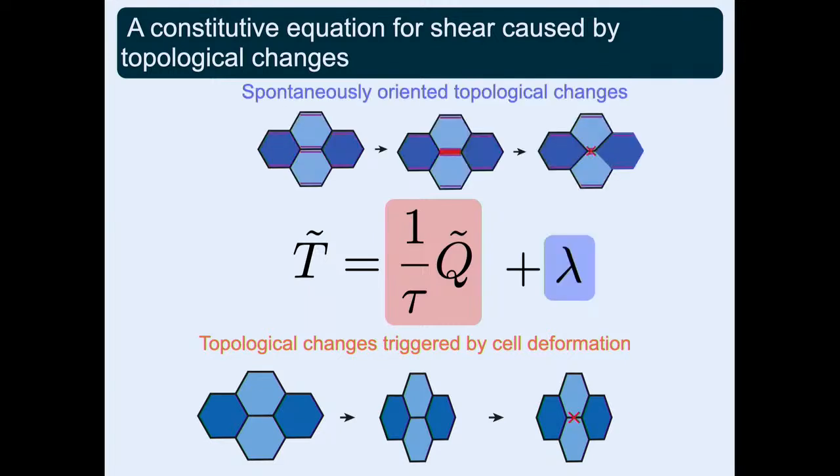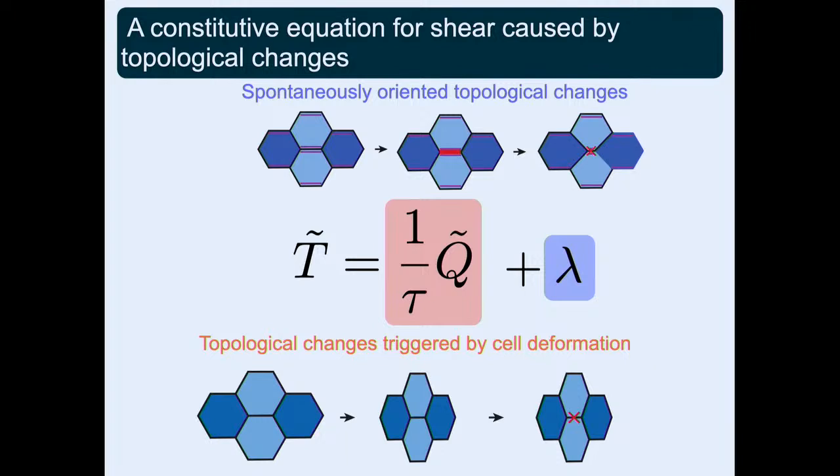However, I can also have a contribution which is purely chemical in nature or active, meaning I know that the cell will have an actomyosin cortex, and if there is an isotropic distribution of proteins inside the cell, I can think of a scenario where this bond here contracts faster, and because of this contraction, these two cells come close to each other. So this can also contribute to a T1 transition or the shear caused by T1 transition.